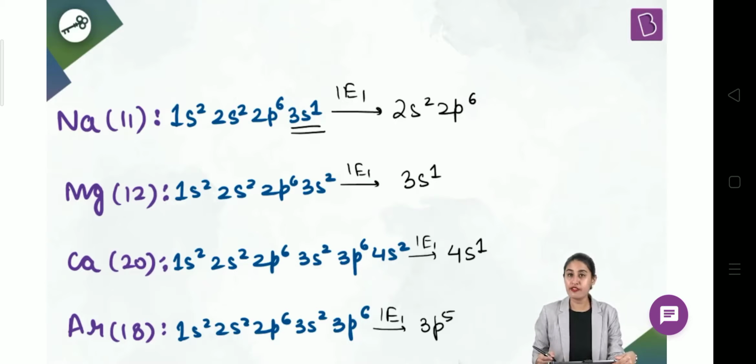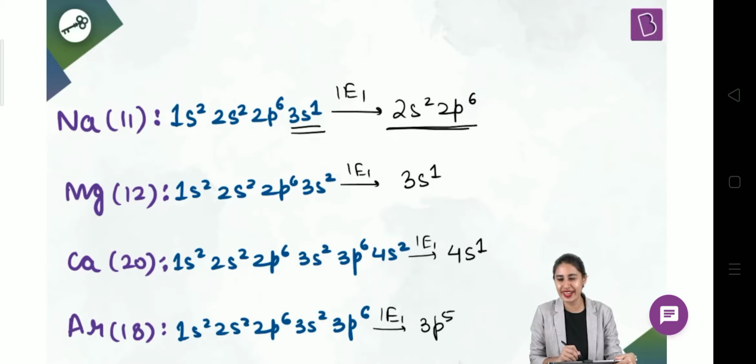Clearly, you can see that if I ask you which becomes extra stable after removal of one electron, it is none other than sodium, which becomes extra stable because of the noble gas configuration it has achieved, right? It is neon's electronic configuration that you can see sodium has achieved after removing one electron from its valence shell.